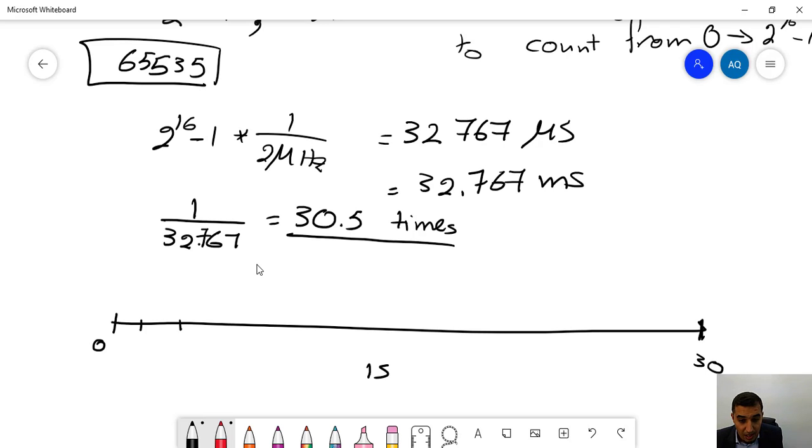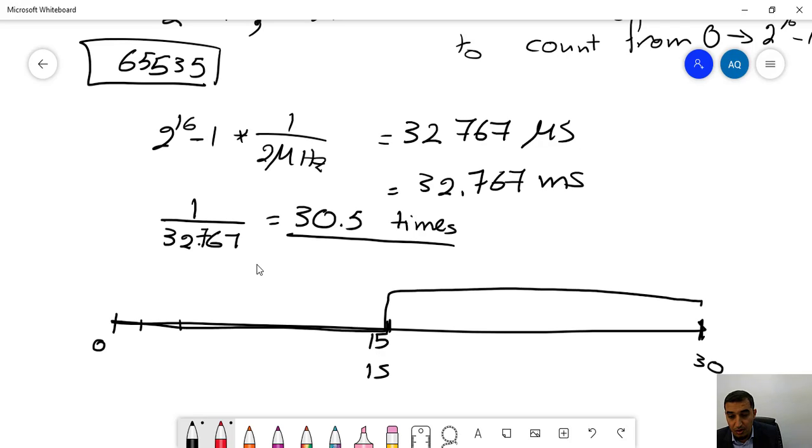In the middle, once I reach 15, my signal will change from 0 to 1. From 0 to 30, it will give me the full 1 second. Half of that time I will be doing it low, and the other half I will be doing it high. This is how I will generate the signal.